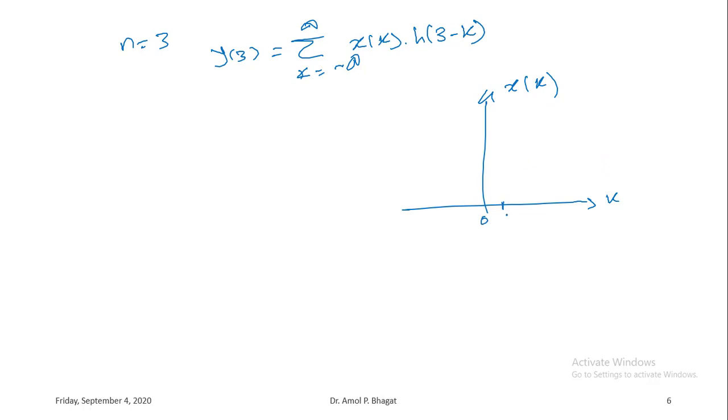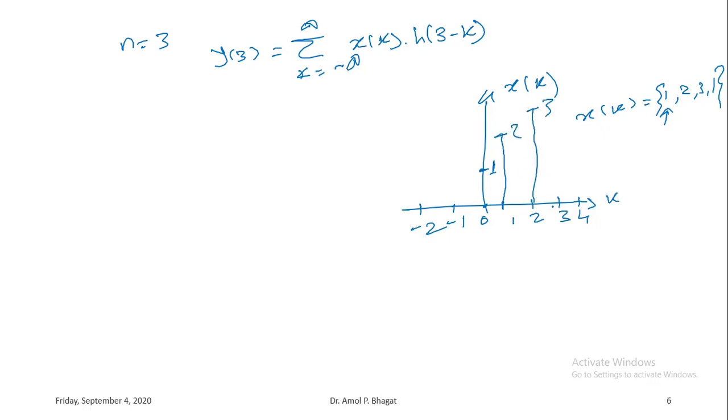So 0 1 2 3 4 minus 1 minus 2, your x of k is 1 2 3 1, same sequence. At origin it is 1, at 1 it is 2, at 2 it is 3, at 3 it is again 1.